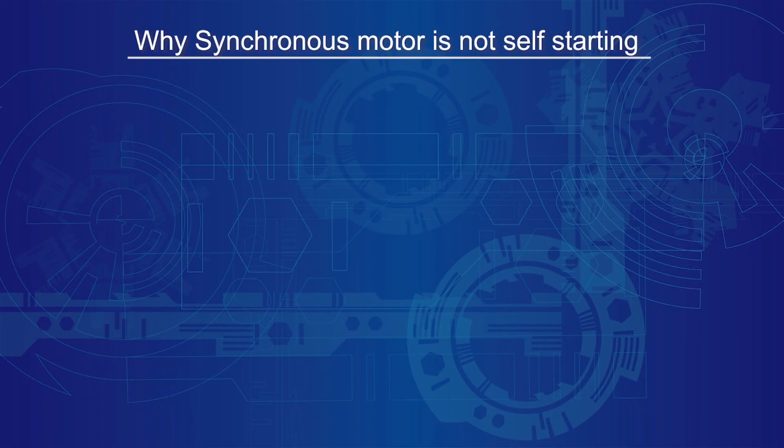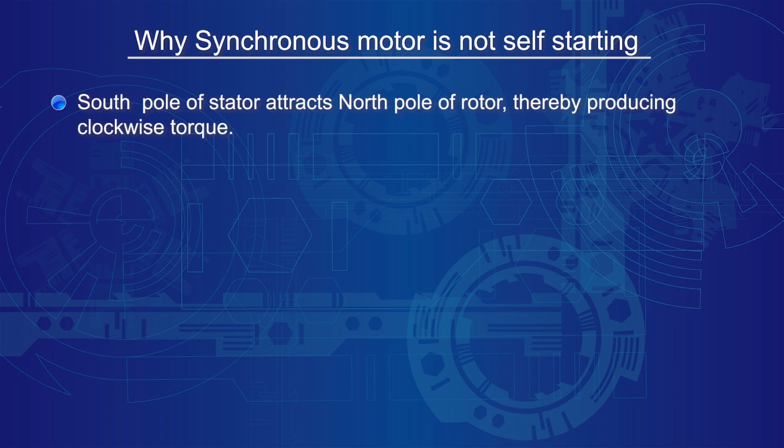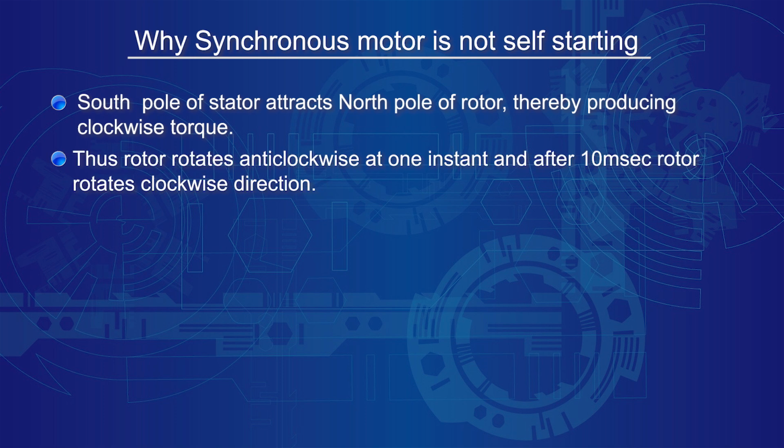Why is this synchronous motor not self-starting? The south pole of the stator attracts the north pole of the rotor. Thereby it produces clockwise torque in half of the cycle. The rotor rotates anti-clockwise in one instant, and after 10 milliseconds, that is the duration for half a cycle, it rotates in the clockwise direction.